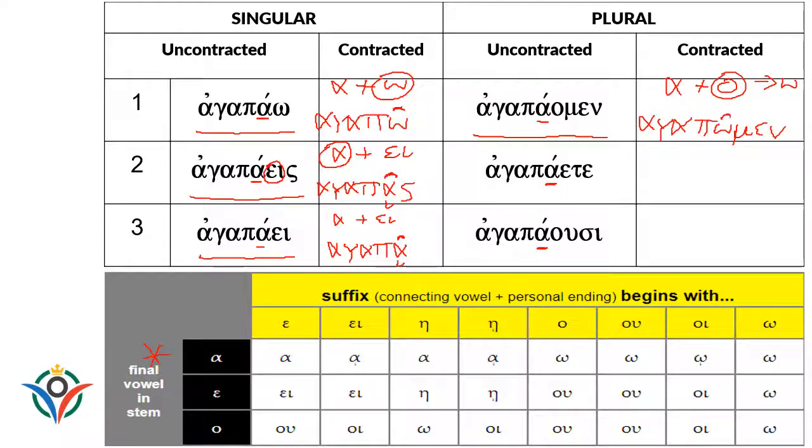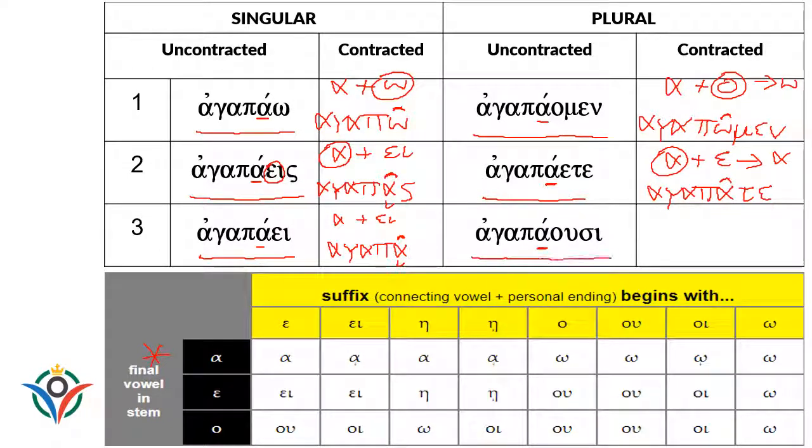All right, with the circumflex. Second person plural, we have the alpha plus the epsilon. All right, the alpha is going to prevail in its longest form, which is the alpha. So here we have agapate with the circumflex.